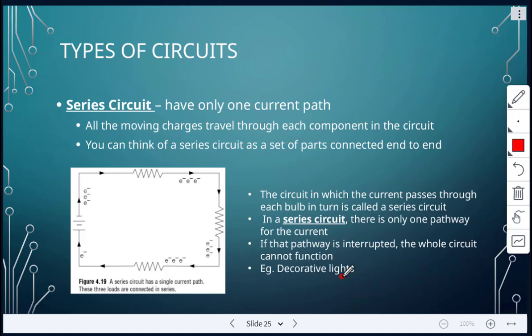If this pathway gets interrupted, like if there's a break here or anywhere else, the whole circuit cannot function. You may have seen this with Christmas lights and decorative lights. If one bulb stops working, all the bulbs stop working.